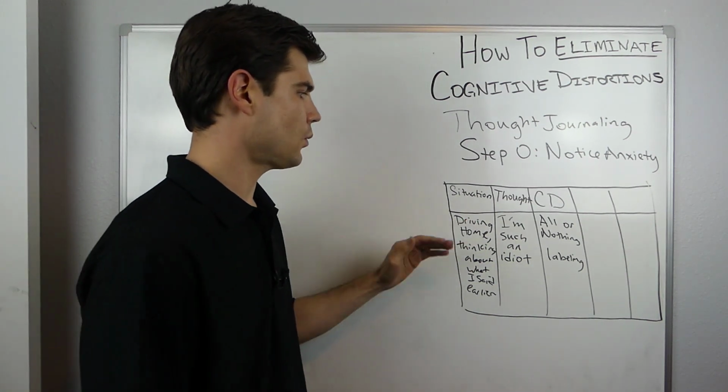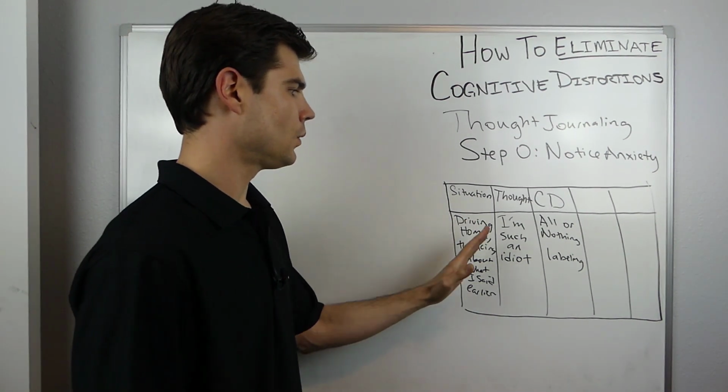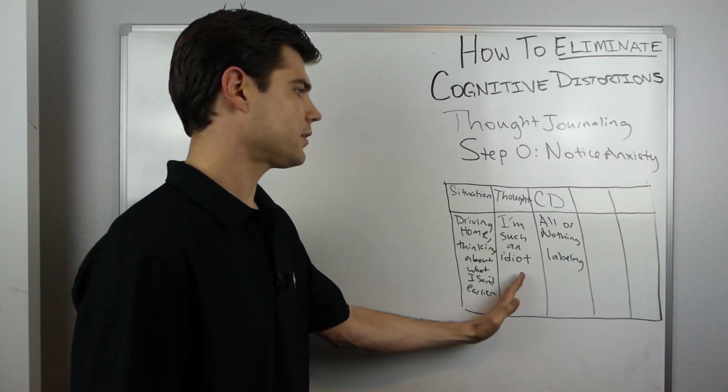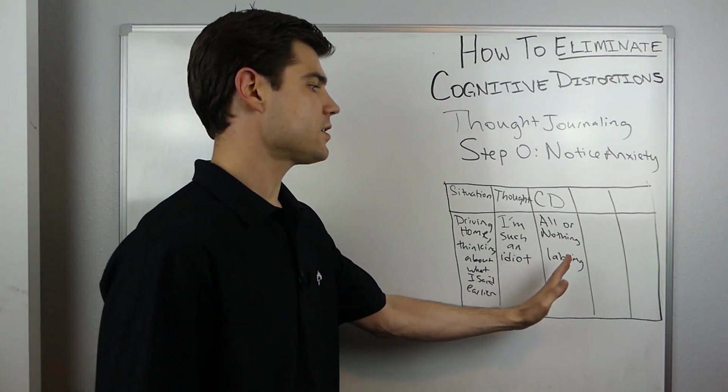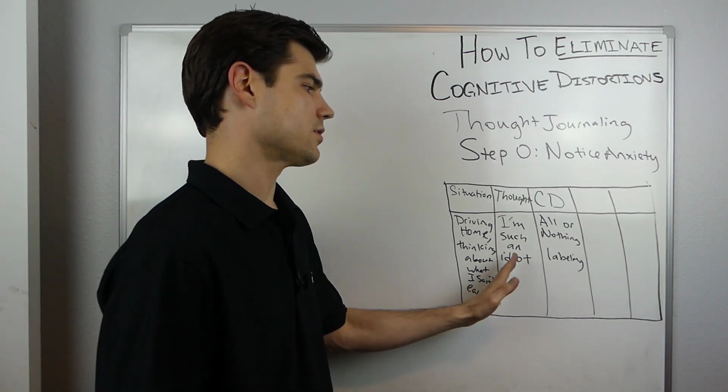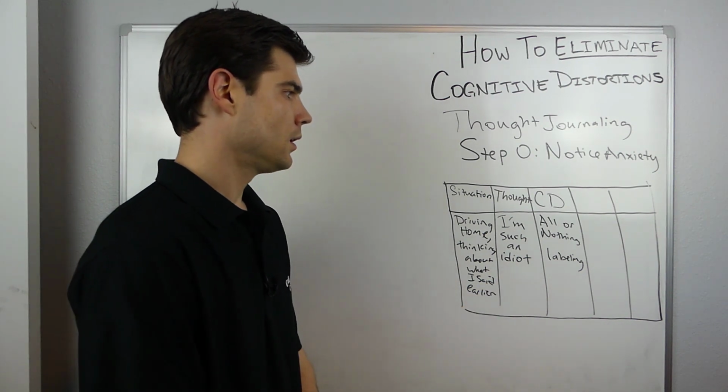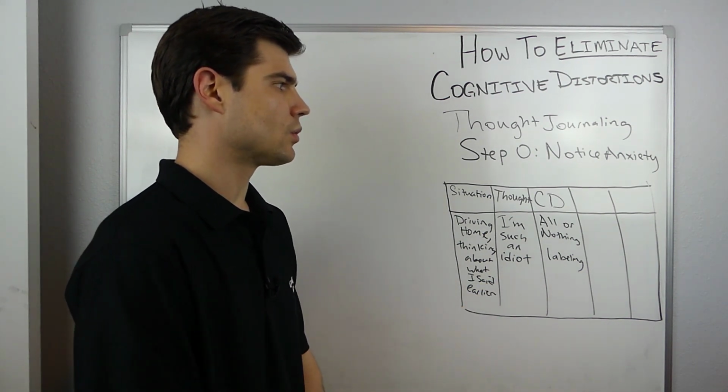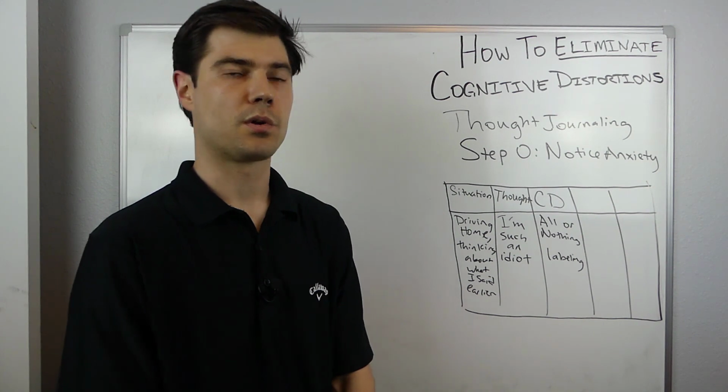But at this point, we've got the situation, we've got the thought written down exactly as it appears in our head, and we've identified 2 cognitive distortions that apply to this thought. So now we're ready to move on to the really impactful part of this process.